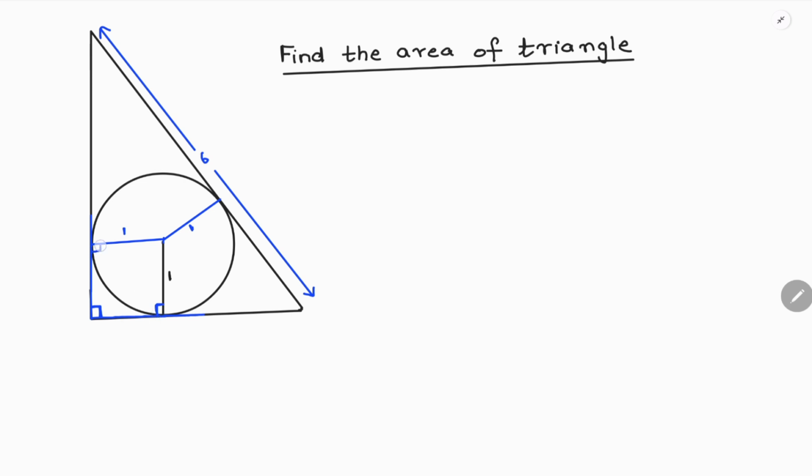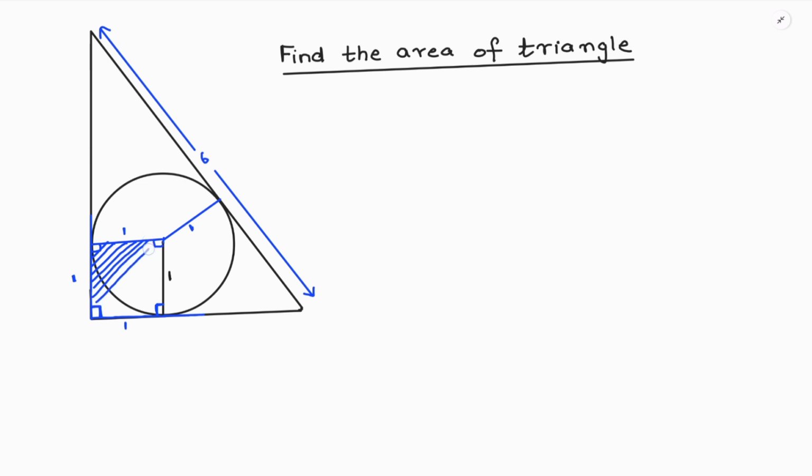This is also 90 degree and this is 90 degree. If all these are 90 degree, that means this is a square. If it is a square, this side is 1 and this is 1, so now I know the area of this square.